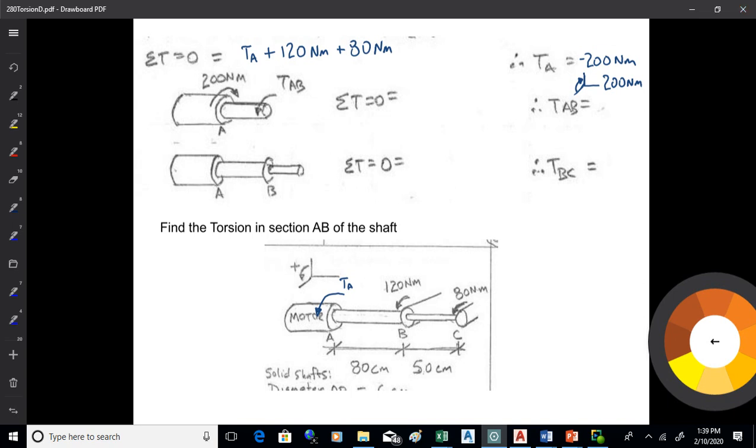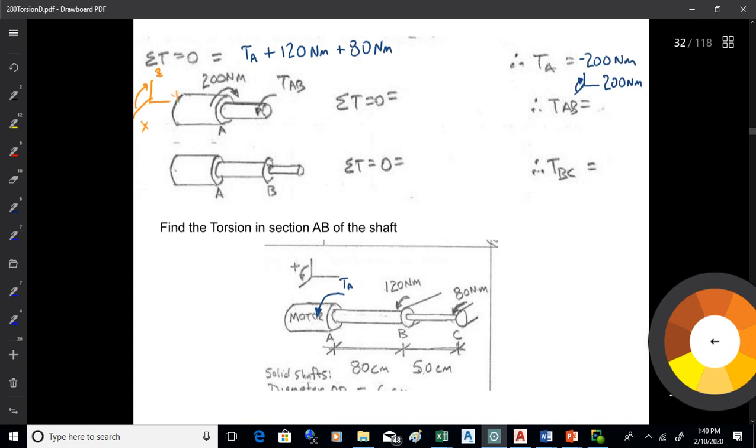What that means is essentially that the reactive torsion at A is 200, but it's negative, meaning it rolls into the page. By the right-hand rule, that's negative. If you roll your right fingers that way, your thumb points in the negative Y direction as I have this drawn up. So that's why that's a negative, okay?